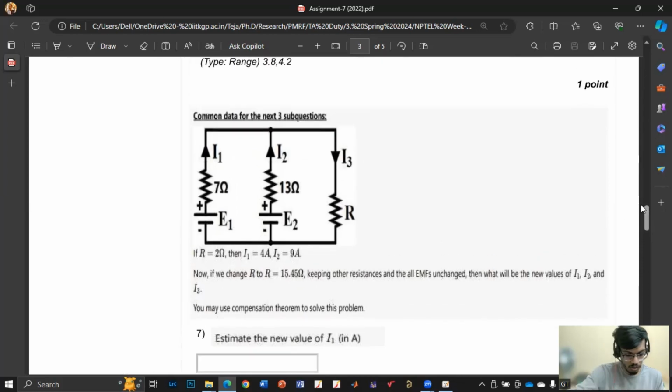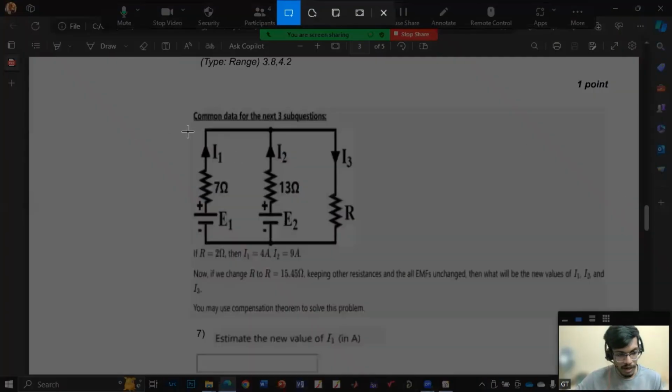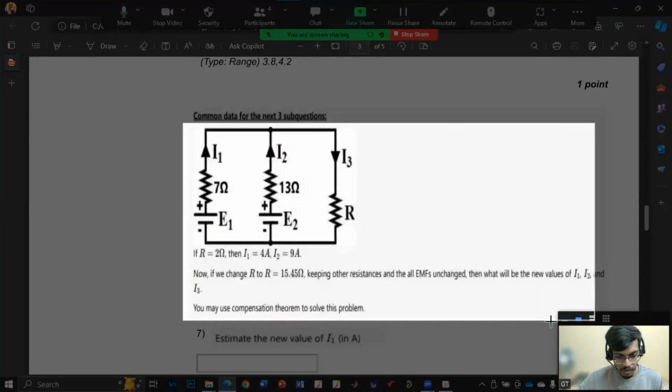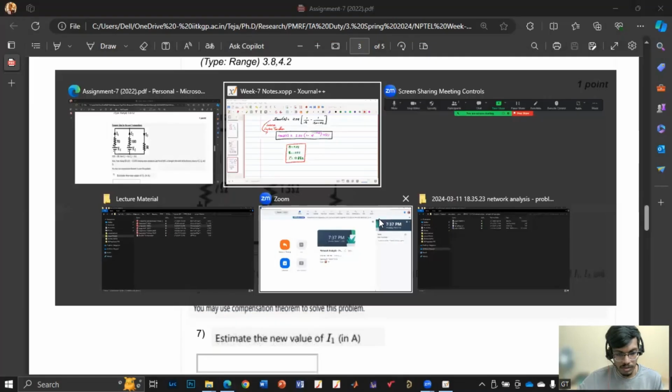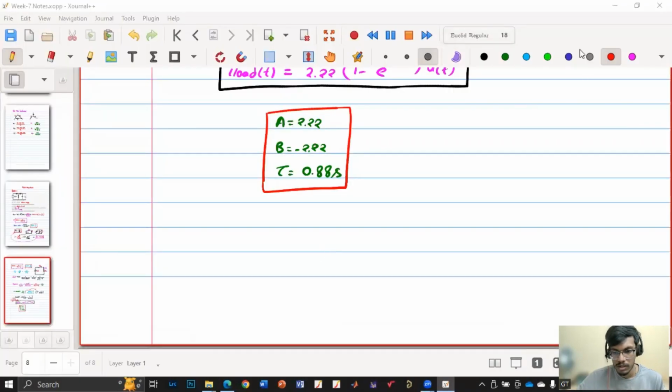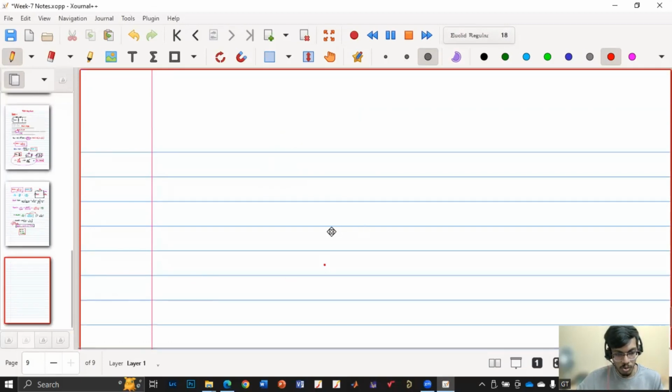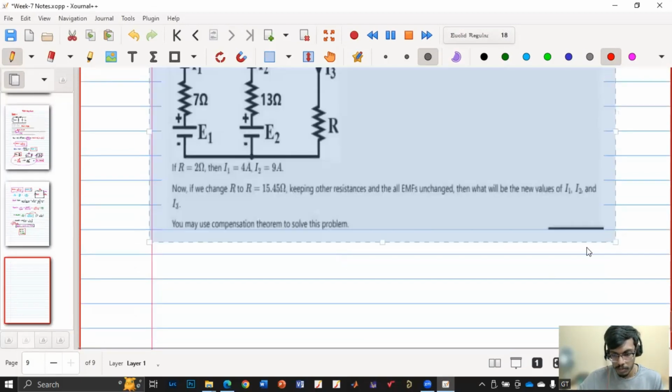I'll first correlate with the theory we have learned, and then we can get it. So yes, this is the question. Let me create a new page. We are in problem 2, and problem 2 is the compensation theorem.